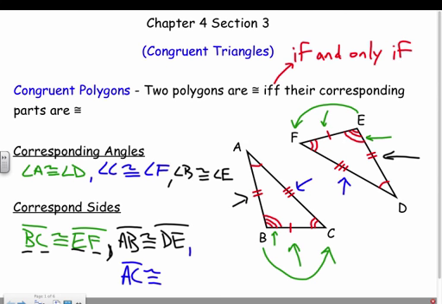And I started with A first, and A corresponds to D, so I'm going to start with D first, so DF. So all three angles have to be congruent to their corresponding angle, and all three sides have to be congruent to the corresponding side in the other triangle for them to be congruent.